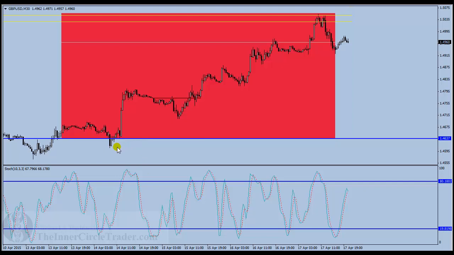You've probably already seen a video where I use that, but it's blending patterns within another pattern, and I'll just show you one here. We have a low in the stochastic here, and we have a lower low than this one here, but the price is higher. And also, look, we got a bullish divergence. So what we have here is a type 1 bullish divergence within a type 2 trend following.